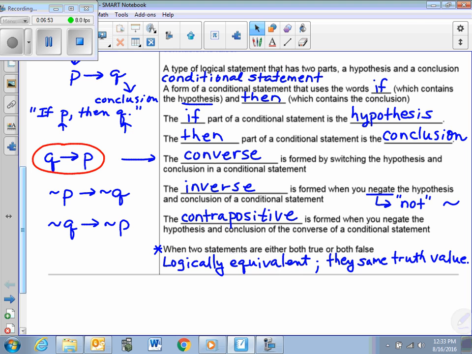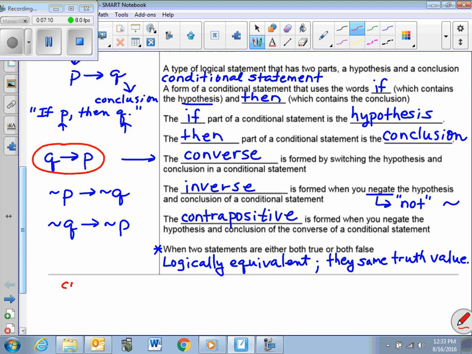And now I'm going to make a little note down here. I hope you have enough room here. There are pairs of these four statements. We've got the conditional, the converse, the inverse, and the contrapositive, and there are pairs that are logically equivalent.